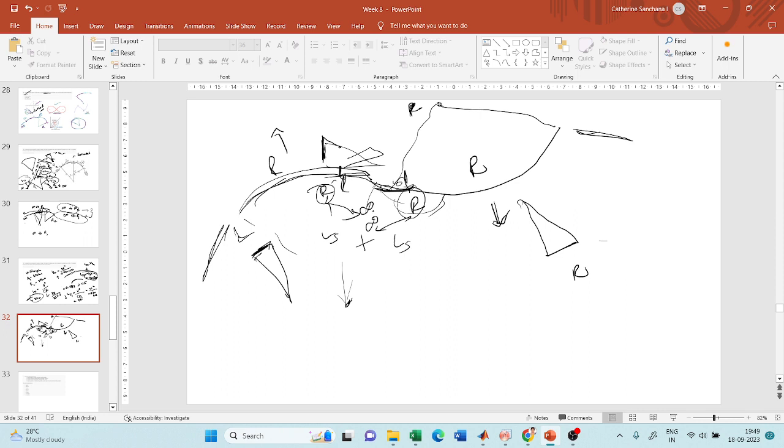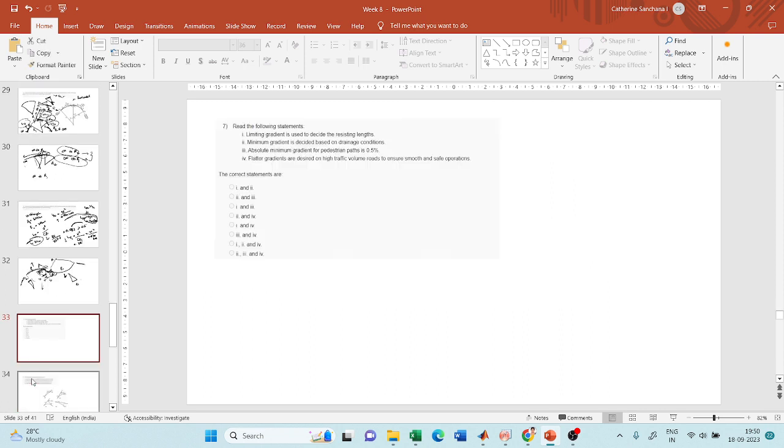The only difference is there are two curves, one after the other. So you have to find out the transition curves for these two curves and simply add it up. So this is the difference between compound curve and reverse curve. For compound curves you have to find out the transition curves and find the difference, whereas for reverse curves you have to find out the transition curves and sum them up. Okay, so this is the difference.